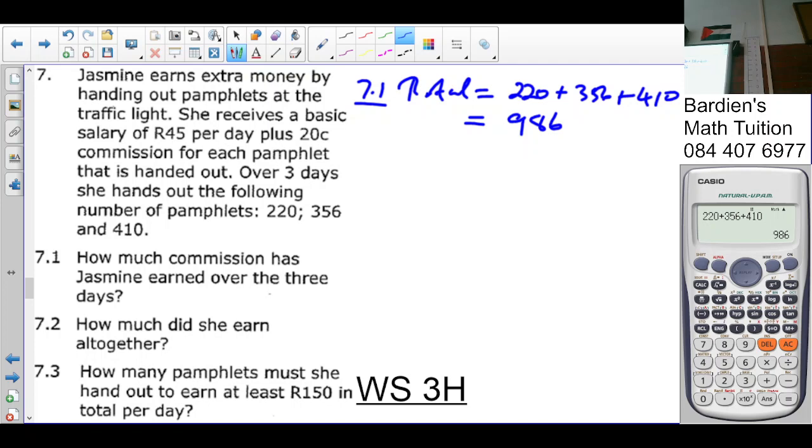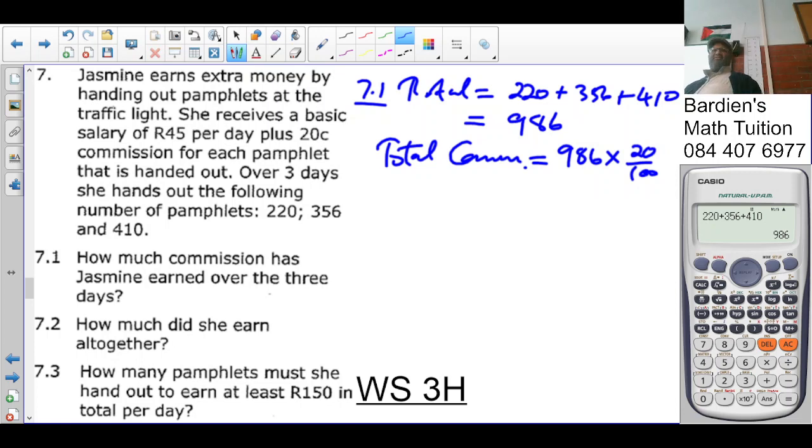So the total commission is going to be 986 multiplied by 20 over 100. Why 20 over 100? Because it's cents. Or I could have said 0.2. So it gives us 197 rand and 20 cents.